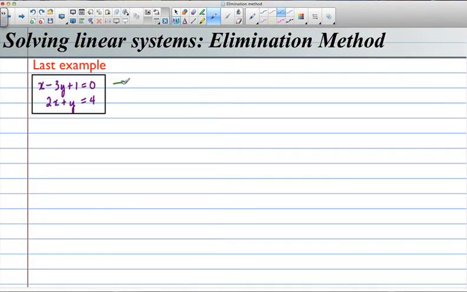Now lining up our x's and y's here, we have x minus 3y is equal to minus 1, subtracting 1 both sides, and 2x plus y is equal to 4. We'll probably just multiply both sides here by 3.